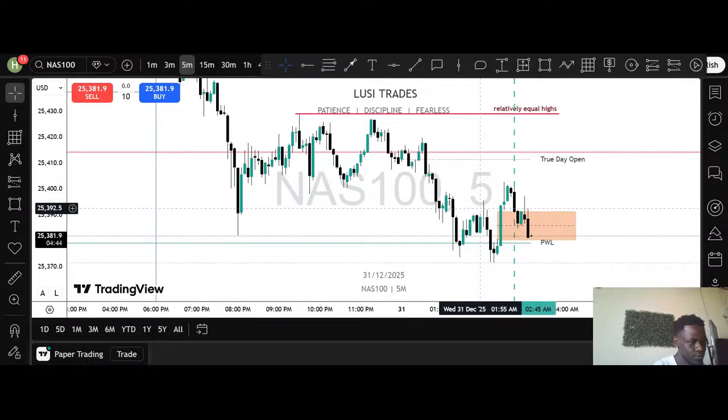The fact that we've traded below it tells us that you want to fill the new week opening gap. So let's see.